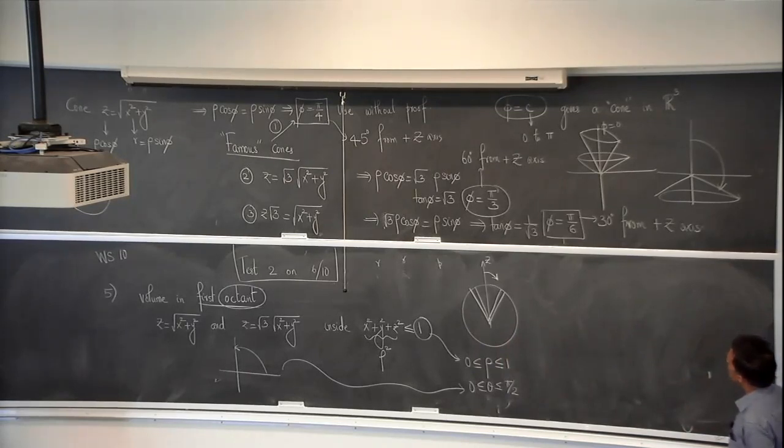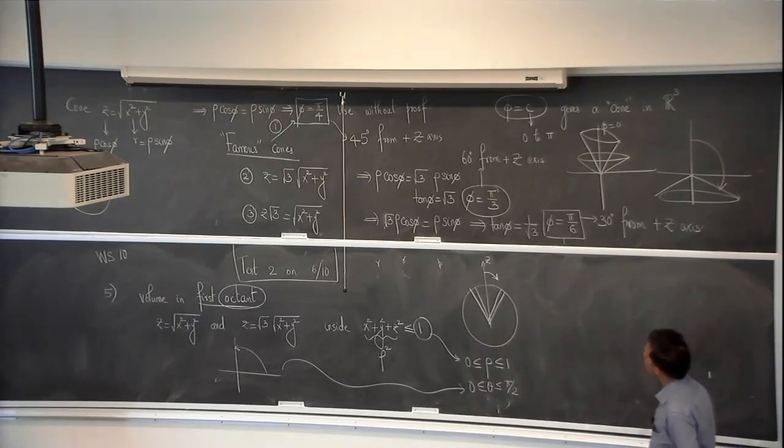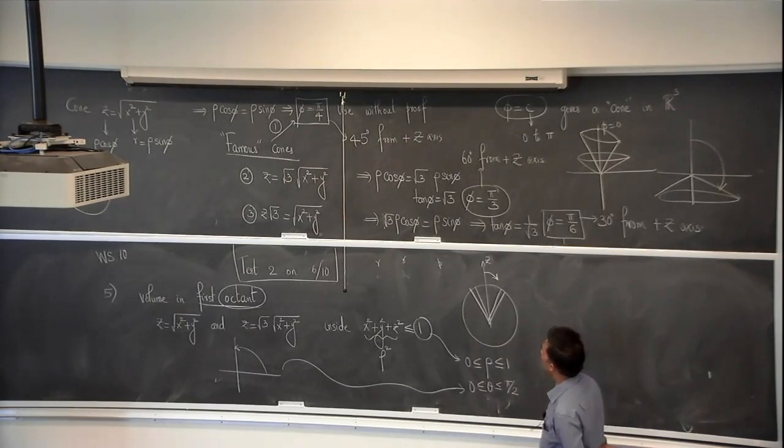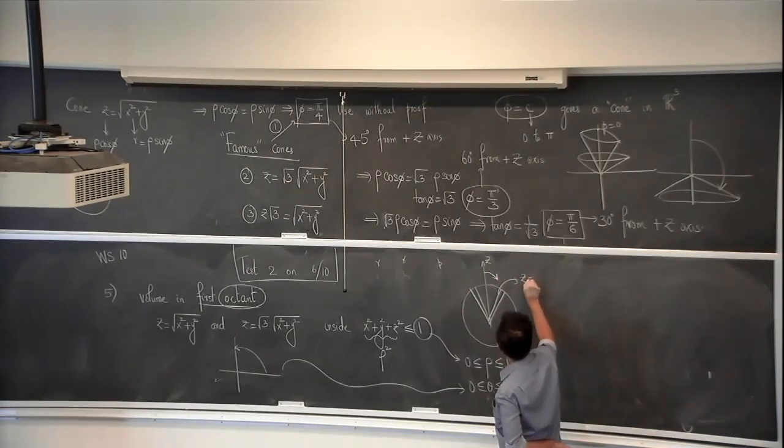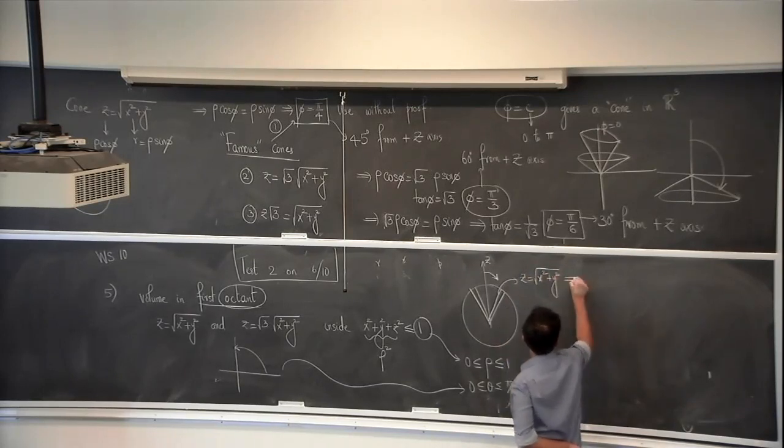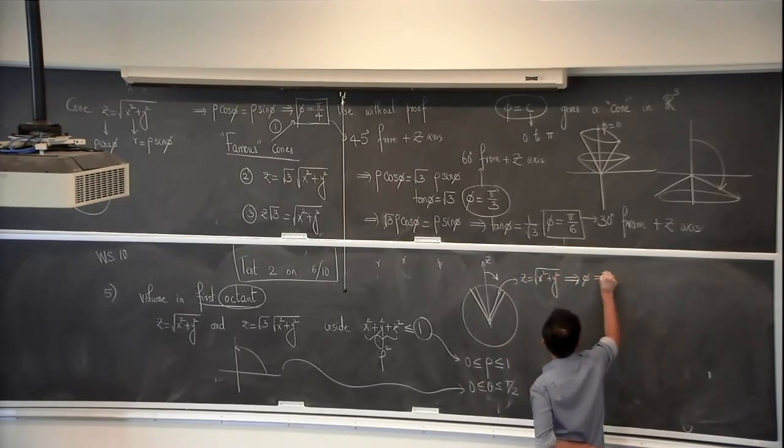What do you think would be the limits for phi here? So this is cone number 2. Which cone is closer and which one is farther from the z-axis? 45 should be closer. So this is z equal to the square root of x squared plus y squared, which is phi equal to pi over 4.